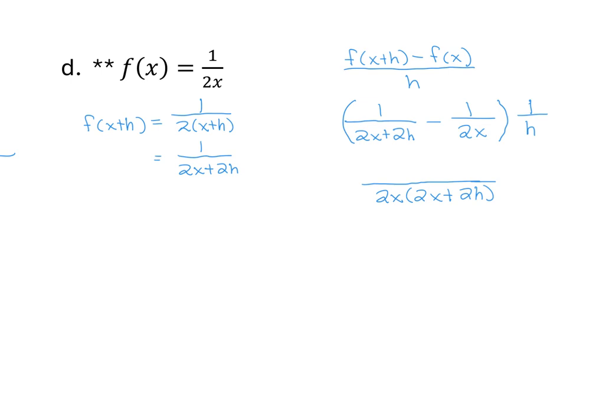All right, my first fraction, I have the 2x plus 2h. I don't have the 2x, so we're going to go ahead and put that on the top. My second fraction, I have the 2x.